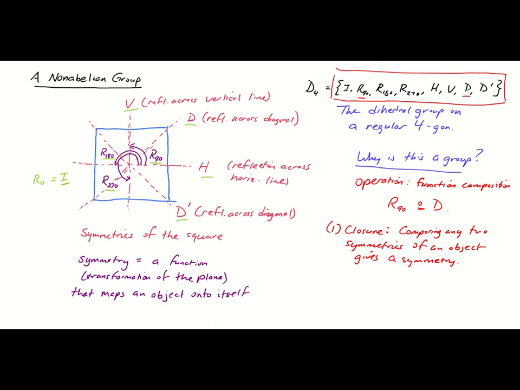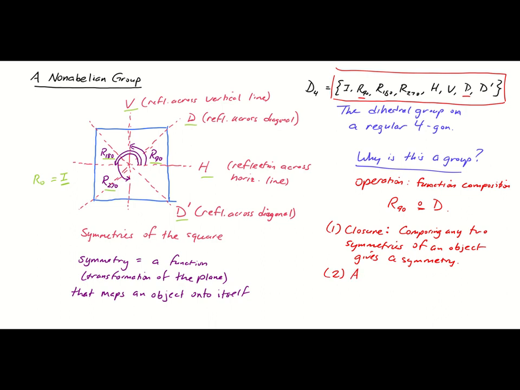So the composition of any two symmetries will take the square and ultimately map that square onto itself in some way. So if I have all of the symmetries of a square here, and I can actually verify that I do, then the composition of any two symmetries should be one of the symmetries in this set, because this has to be some symmetry, and I believe I've listed them all here. And I can actually verify that these two do create one of the symmetries in this set. We might take that up in just a minute. All right, so that's why I know I have closure.